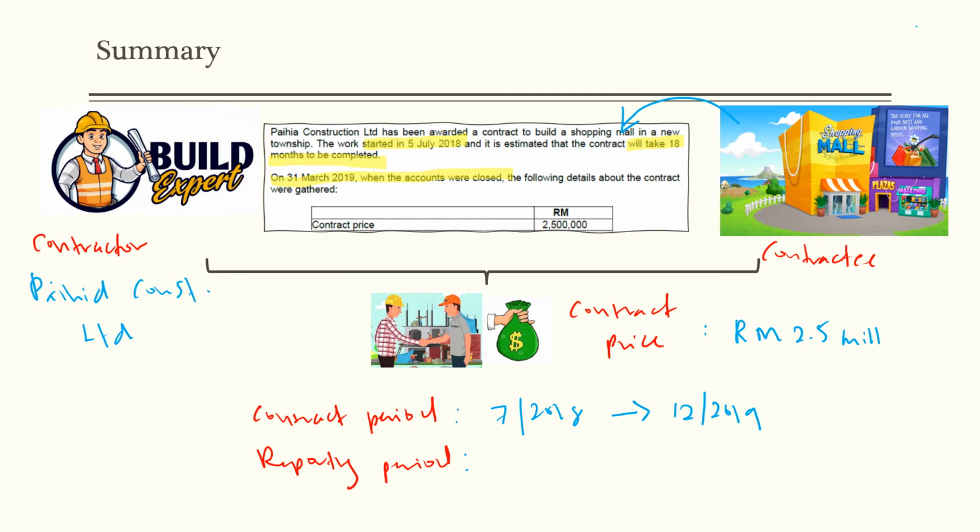Therefore, the company will start its accounts on 1st April 2018, and it will close its accounts on 31st March 2019, because the standard reporting period is 1 year.